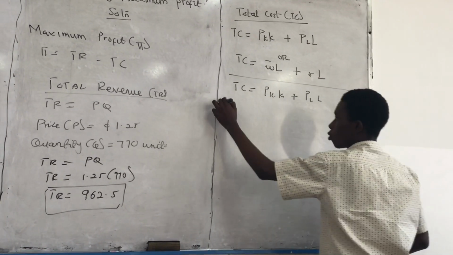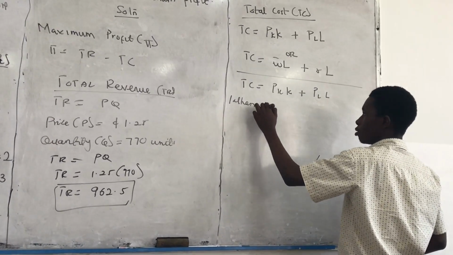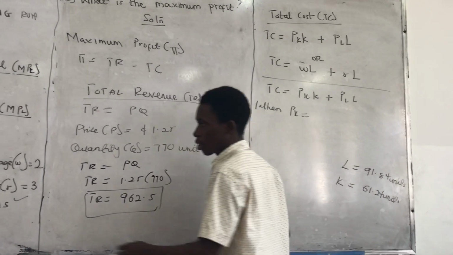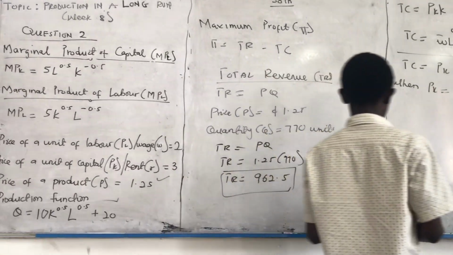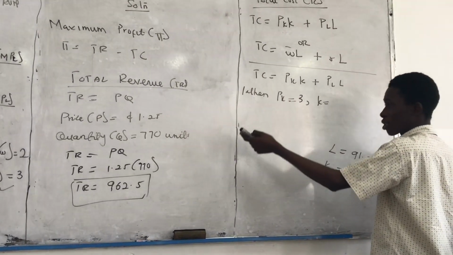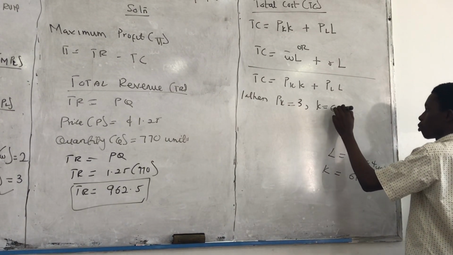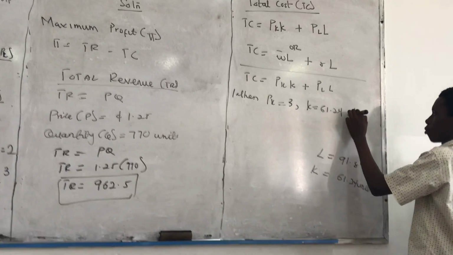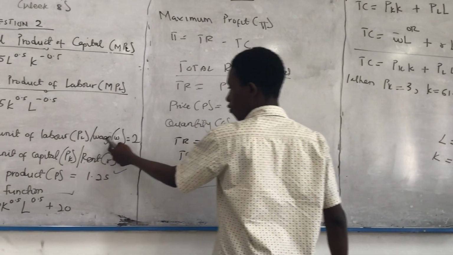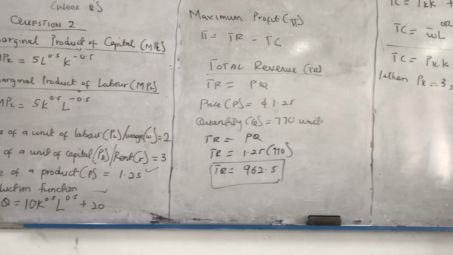PK, price of capital, per unit price of capital, that is PK, 3 cents. When we solved capital, we have 61.24. Now, PL, price of labor, we are given price of labor to be 2.